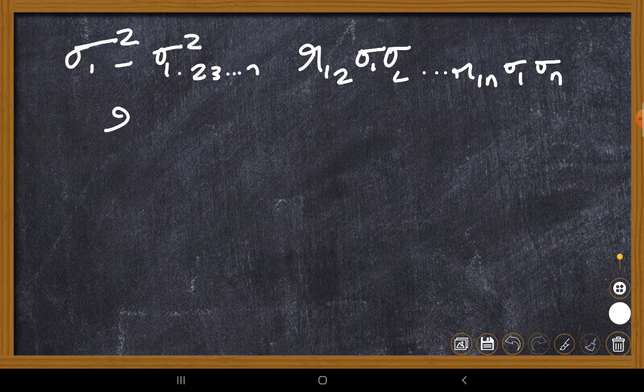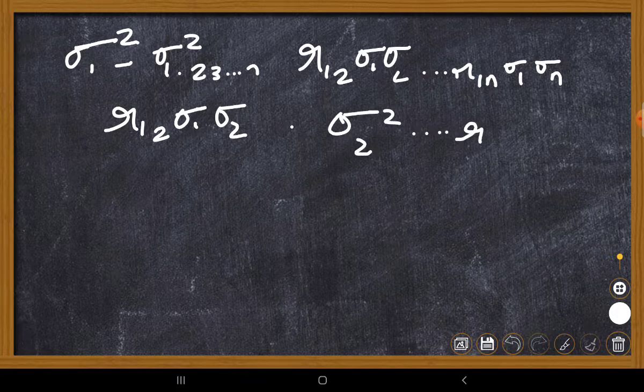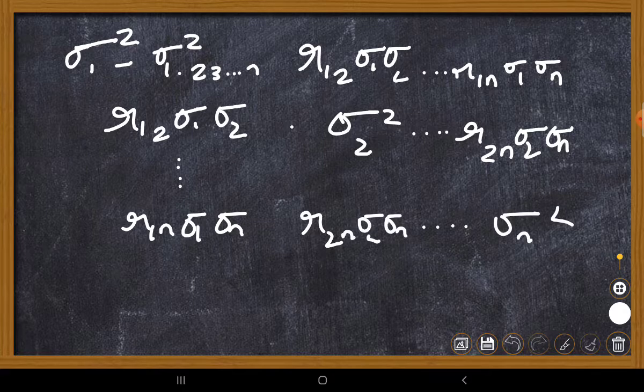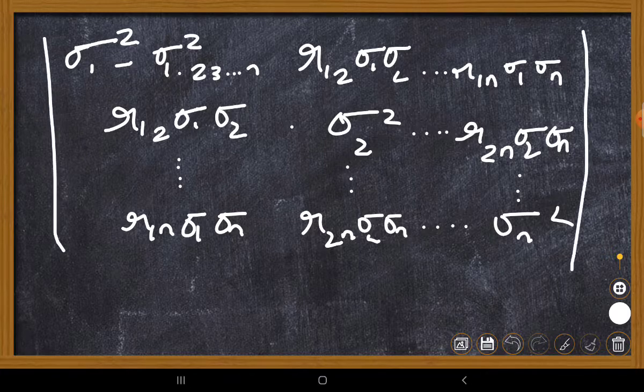Then here you will have r12 sigma 1 sigma 2, then sigma 2 square, and so on till r2n sigma 2 sigma n, and so on, r1n sigma 1 sigma n, then r2n sigma 2 sigma n, and so on, sigma n square. Okay, so you'll have this determinant, and this will be equal to 0.